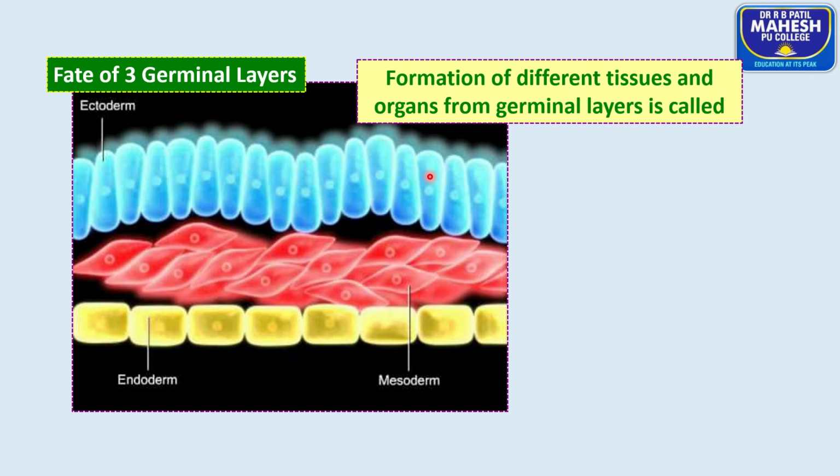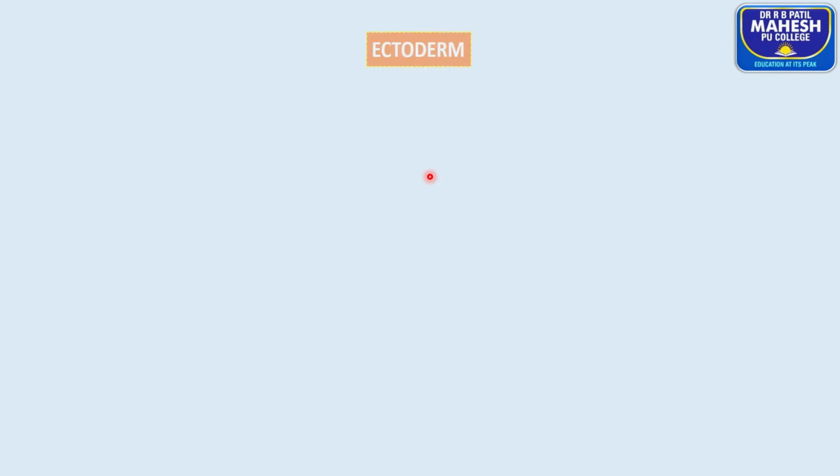Soon after the formation of three germ layers, two important processes take place: one is histogenesis, another one is organogenesis. Histogenesis means the formation of tissues, whereas organogenesis means the formation of organs. So from these three germ layers, tissues and organs are derived.